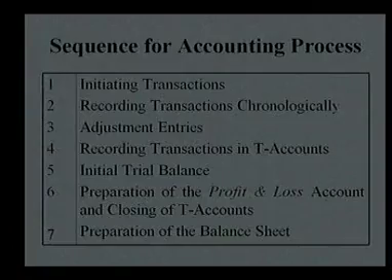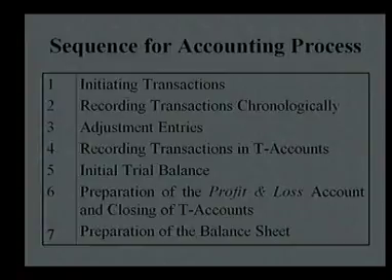Now, there also while recording, you record it either in the cash book or in journal, depending on whether the transaction is cash related or non-cash related. Now, as I was discussing just a while ago, the adjustment entries are also to be recorded, but not on a daily basis, but these are required only when you have to prepare the profit and loss account as well as balance sheet.